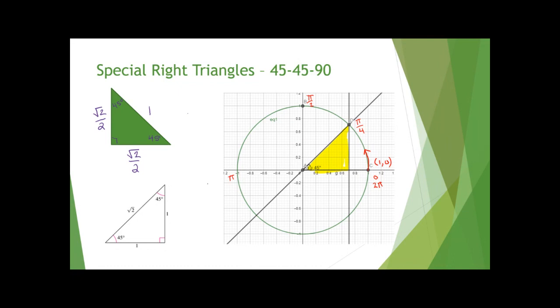A circle is 360 degrees, or we call it 2 pi radians. Half of the circle, if you go from (1, 0) to (negative 1, 0), is pi. You have gone pi around the circle. Half of that, to go 90 degrees, is pi over 2. So 45 degrees is akin to pi over 4.